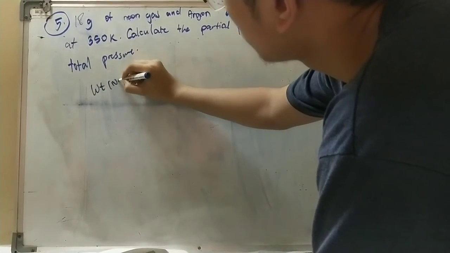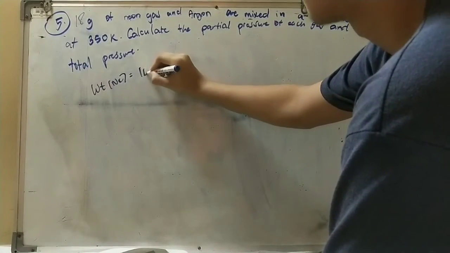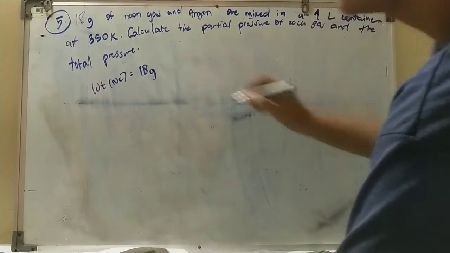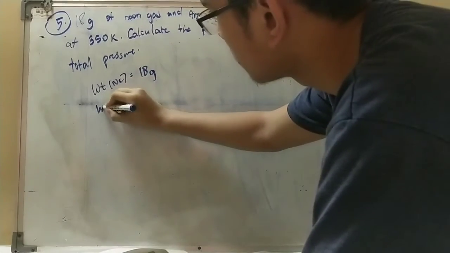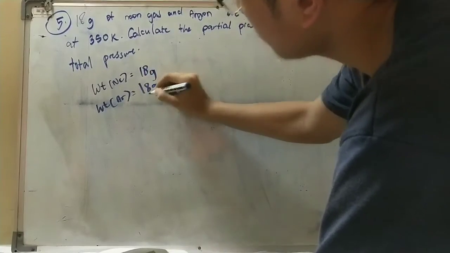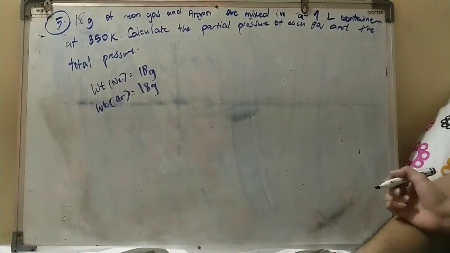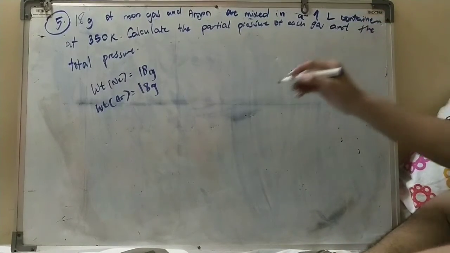of neon is 18. And we can see that neon and argon are mixed, so both of them are 18. Then I see the volume, which is 1 liter.